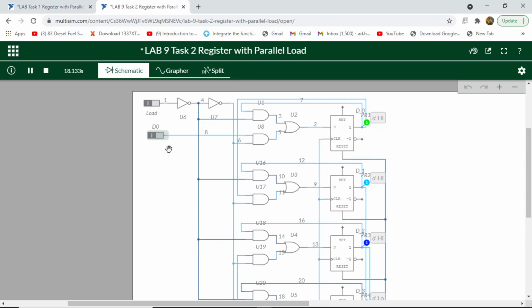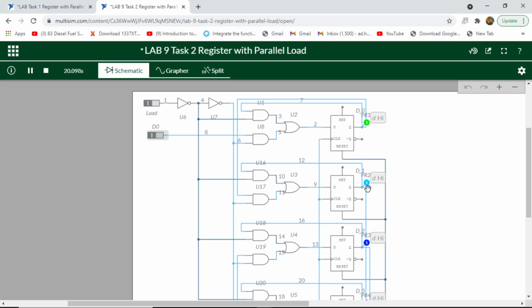As we can see, D1 is 1 and the load is 1. This AND operation is 1 and this is 0, OR is 1, there is output 1. Now this output becomes the input of D1. So this AND operation is 1 and this is 0, the output is 1.